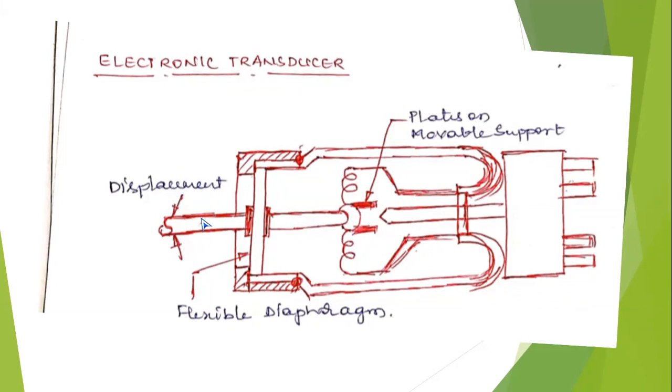The plunger movement is passed to the tungsten filament through the flexible diaphragm. The flexible diaphragm is nothing but a transducer that transduces the deflection of the plunger into a larger deflection, that is the amplification, which is transferred to the tungsten filament. The tungsten filament has two plates, one above and one below at the center.